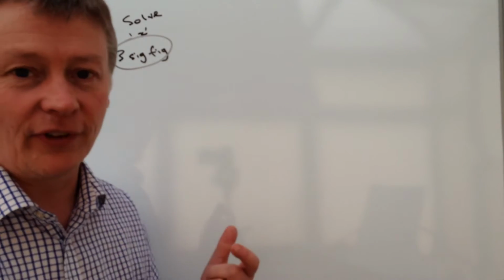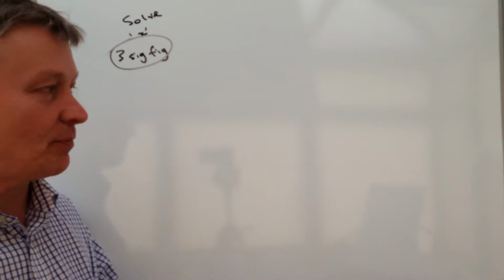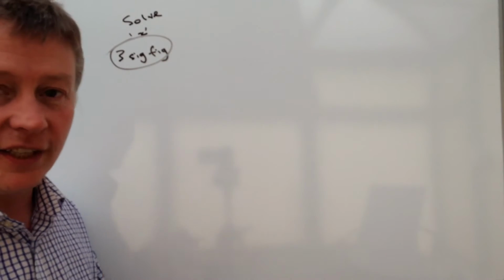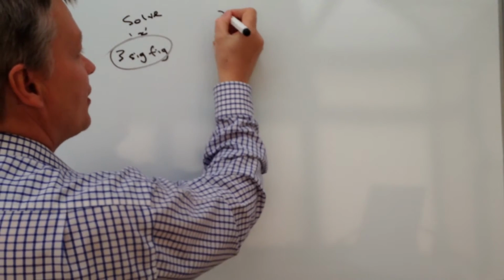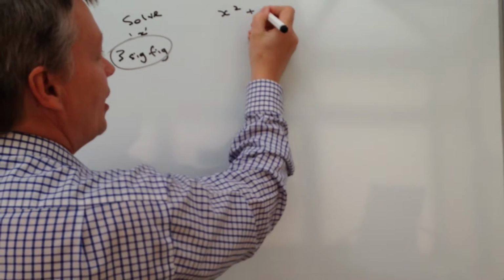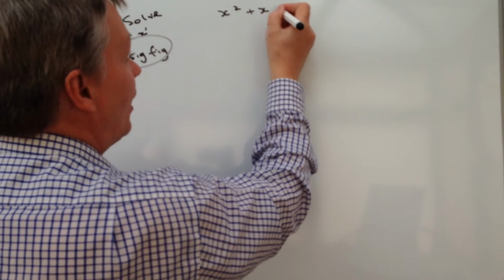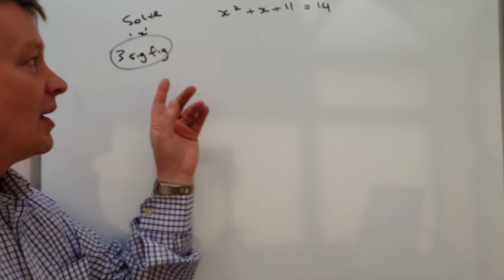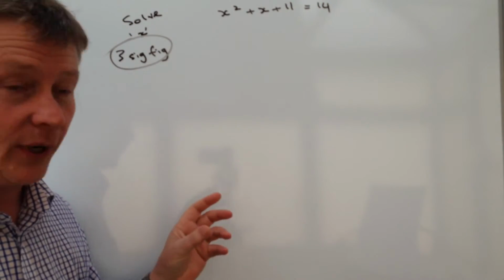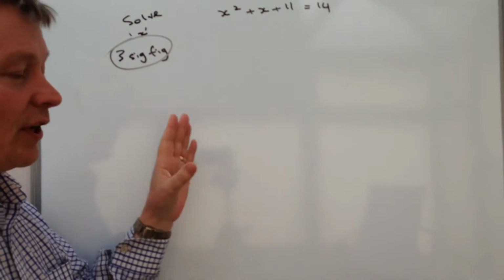Sometimes you'll get something like 2 decimal places, but either way it's telling you that you need to use the calculator to solve this equation, which is x squared plus x plus 11 equals 14. Okay, so it's a calculator question using the quadratic formula.